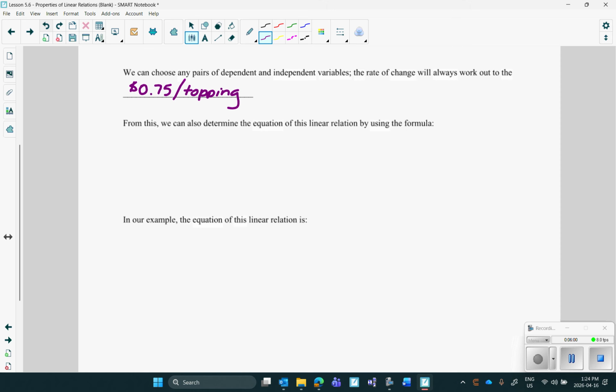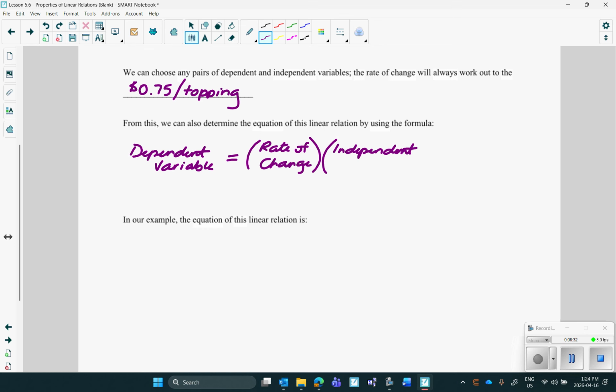We take whatever the dependent variable is, it will equal the rate of change times whatever the independent variable is, plus the initial cost. Okay.